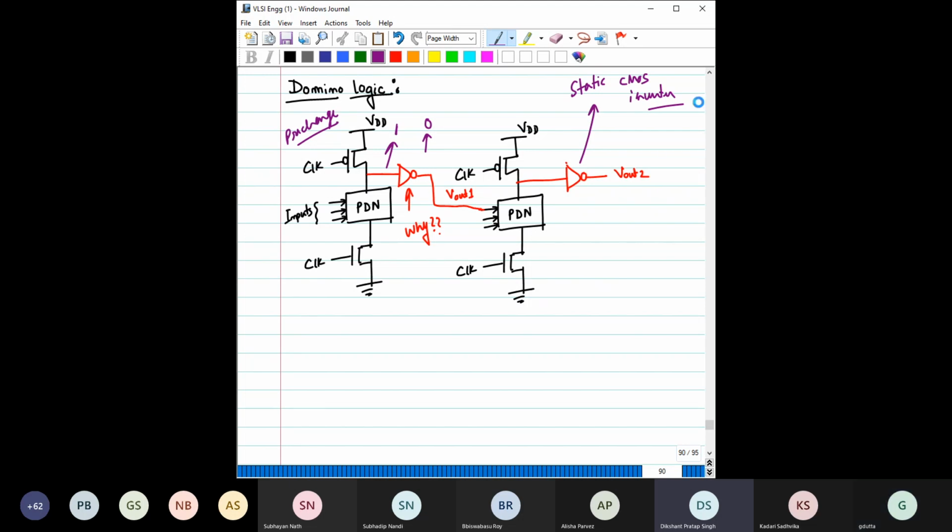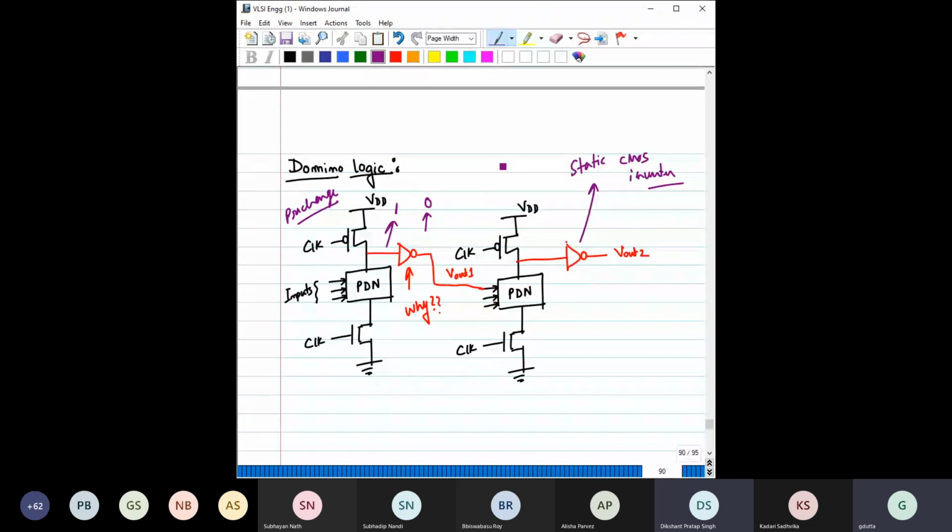Now, there are a few things, like why it is called domino logic. Let us also try to understand that. Do you know what is meant by domino? Anyone? Like falling dominoes? No?